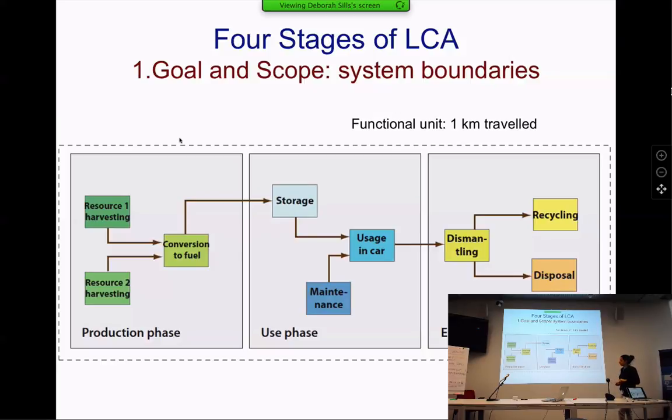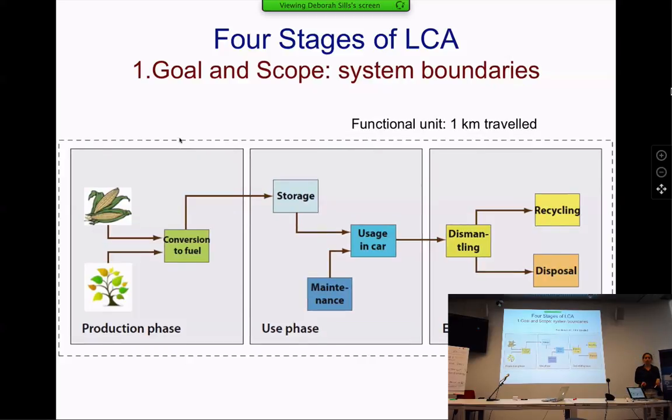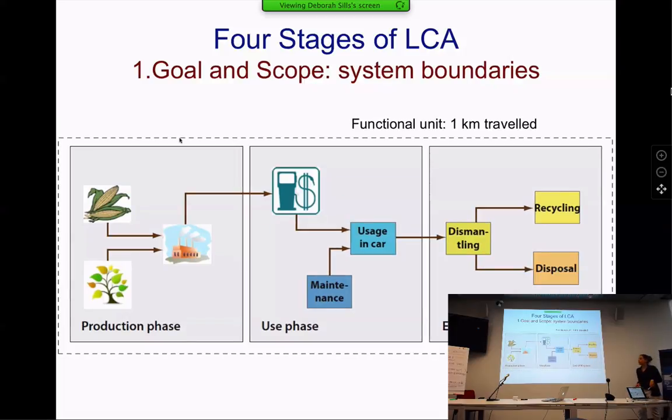Okay, so what's being included here, we're going to say, are the cultivation of the biomasses. So in this model, assuming we have 2 biomasses, there were multiple in the data, but we have corn, maybe wood, we have the conversion process. Then during the use phase, we have storage of the fuel, usage in the car, maintenance.